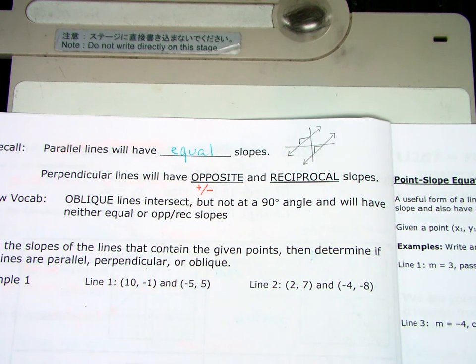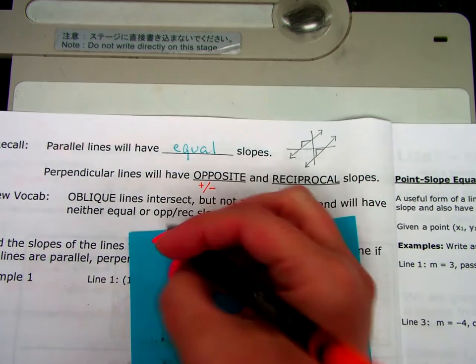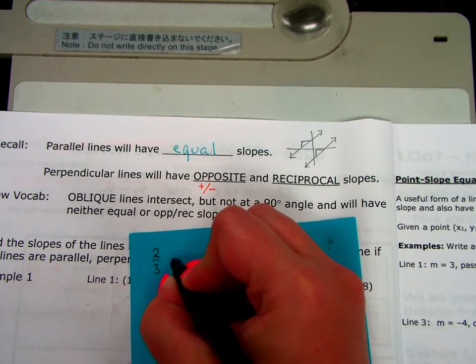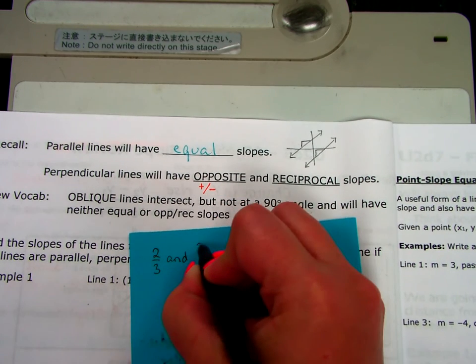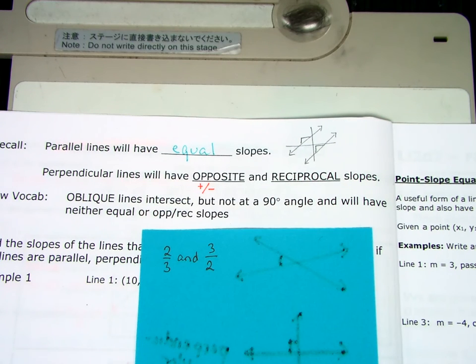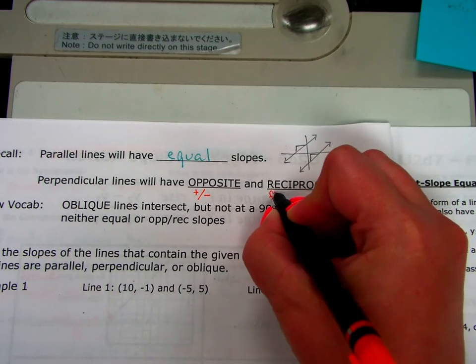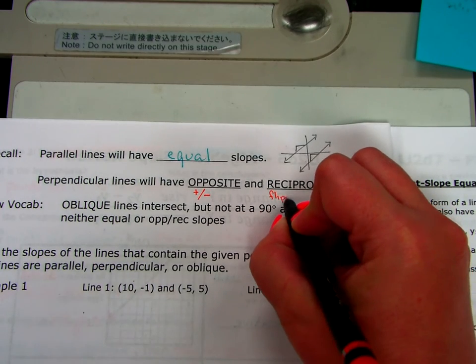I'll give you a hint. 2/3 and 3/2 are reciprocals of each other. Different fractions, the same amount switched. They're flipped over. Your numerator and your denominator switch places. If you didn't know that, you might want to write it down. Flipped.